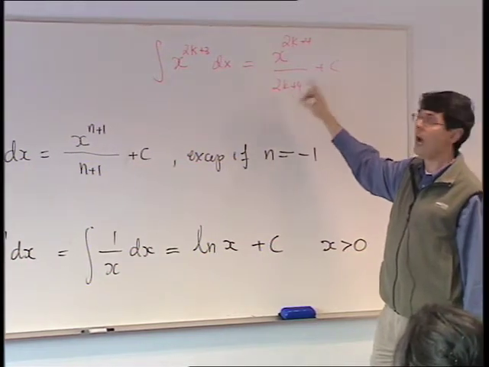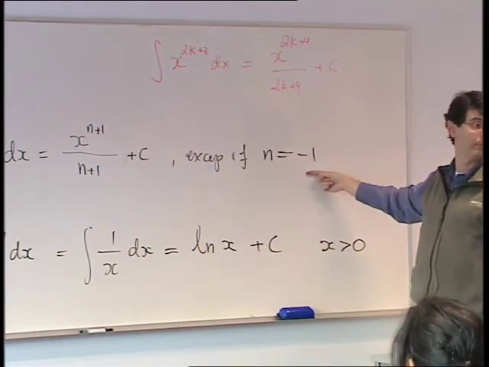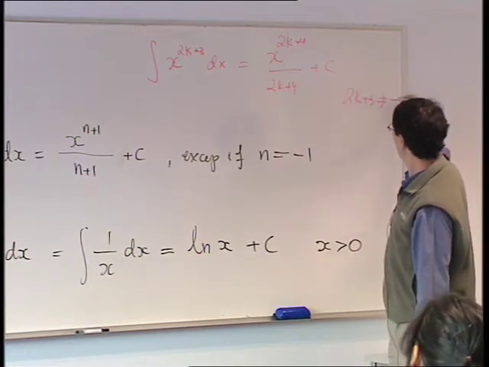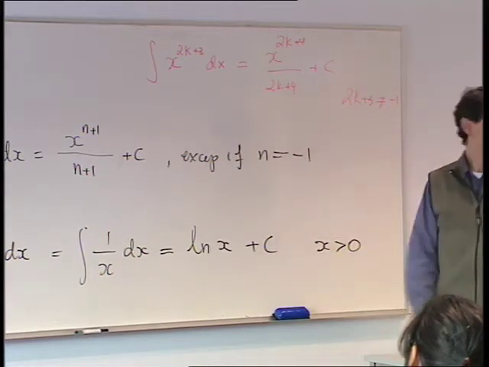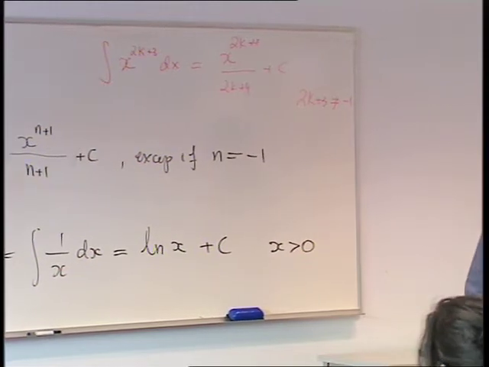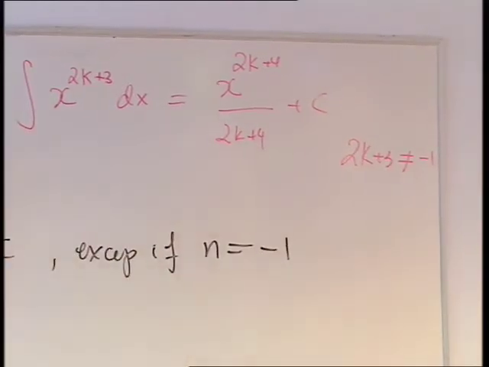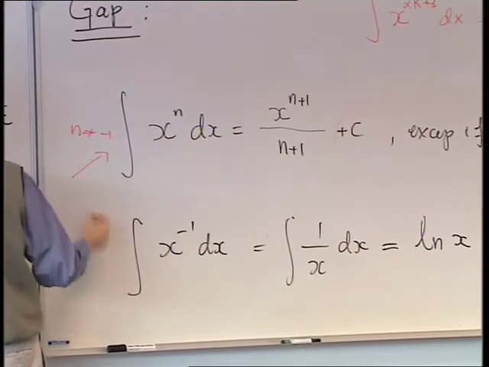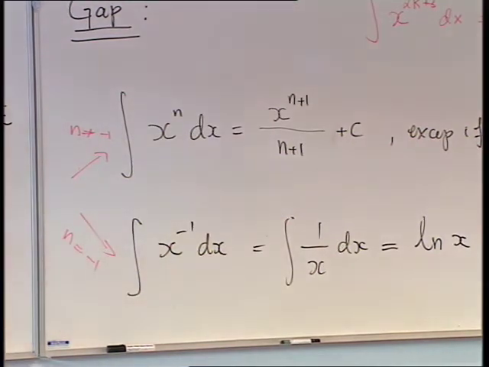That's fine, as long as 2k plus 3 is not -1. And what if it is -1? Then the answer is log. So in here, you have an option. You only use that if n is not -1, and you only use this if n is -1. Very common mistake.